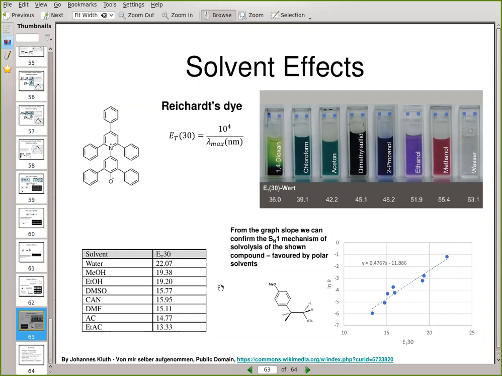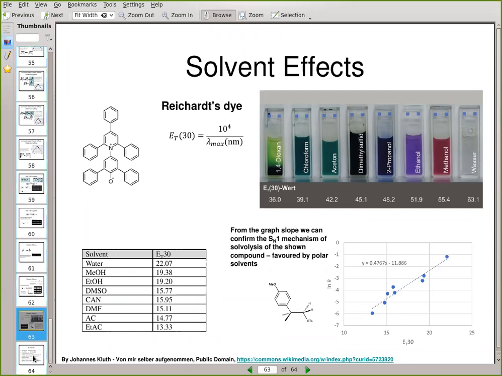You might not be able to do the meta and para substituted aromatics. And in that case, you have steric factors. So not only do you have electron donating, electron withdrawing, you've got steric factors. Don't forget that you've also got solvent effects. So please, reactions are more complicated than simply electron donating and electron withdrawing.